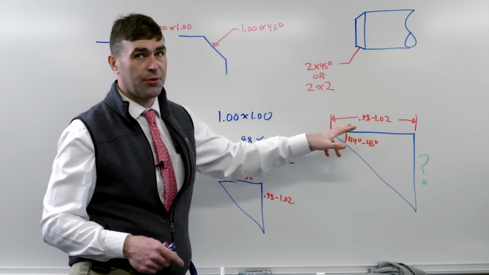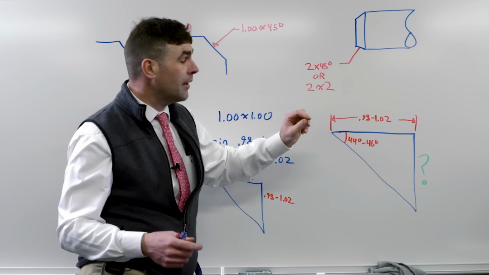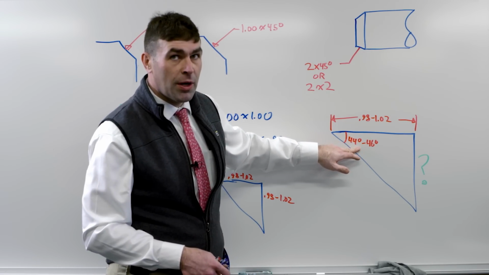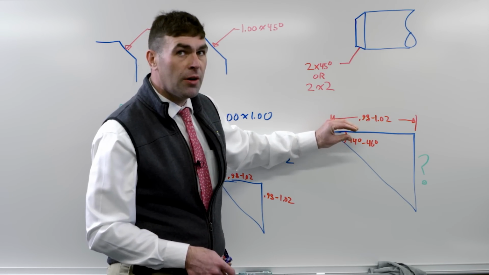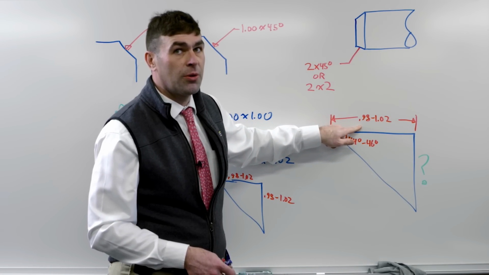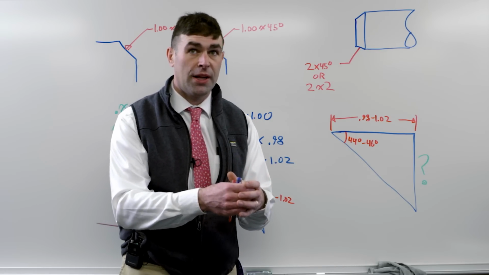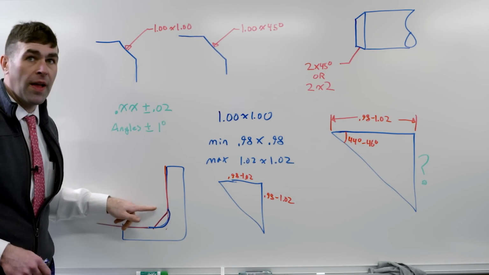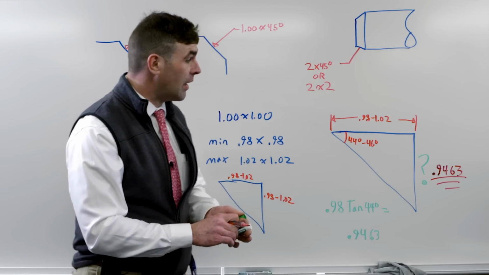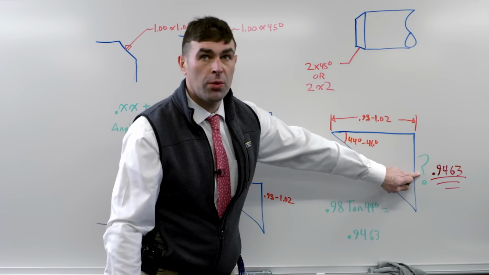Now we could solve this for all 4 combinations, but you can just trust me. We want to look at what makes this angle smaller and then what makes this size smaller, because that's going to result in the chamfer being smaller and more likely to interfere in a situation like this. So, quick trigonometry, we want to know what this side is.